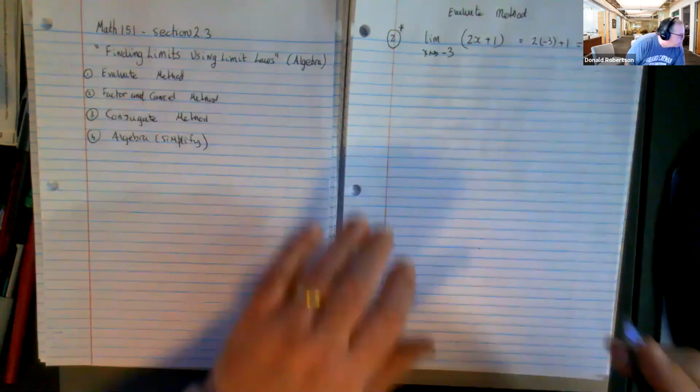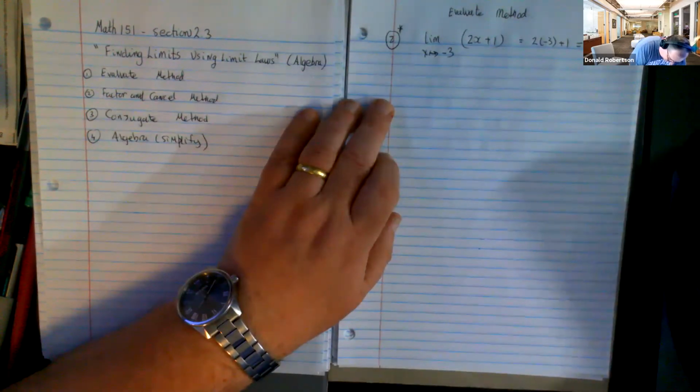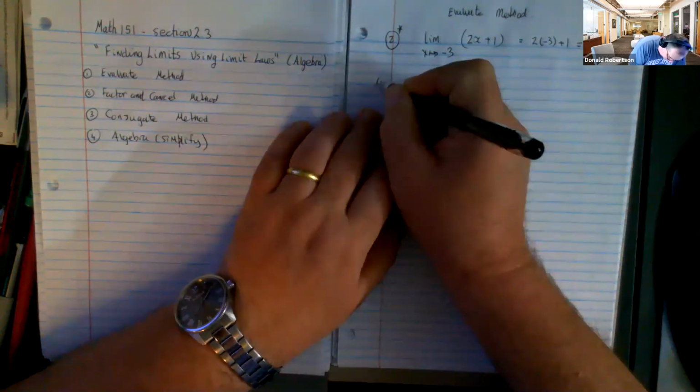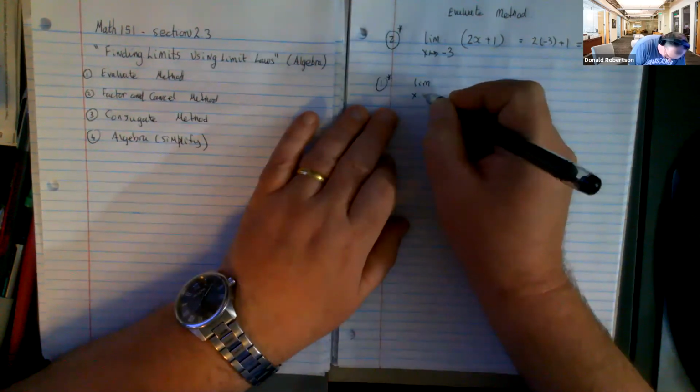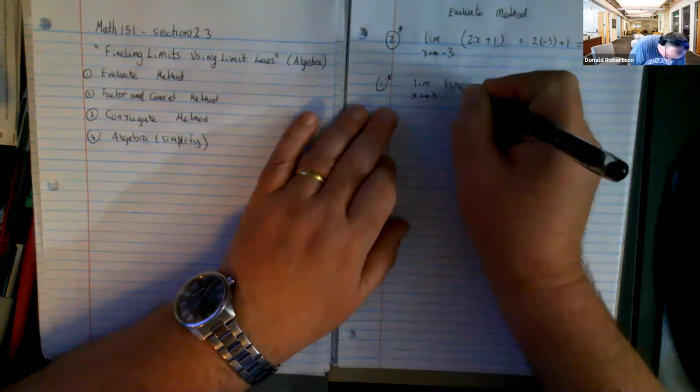The next one is an evaluate, but it's a little bit different. I haven't talked about this yet. So this one is similar to question 1. Suppose I tell you that the limit as x tends to 3 of f of x is 10.